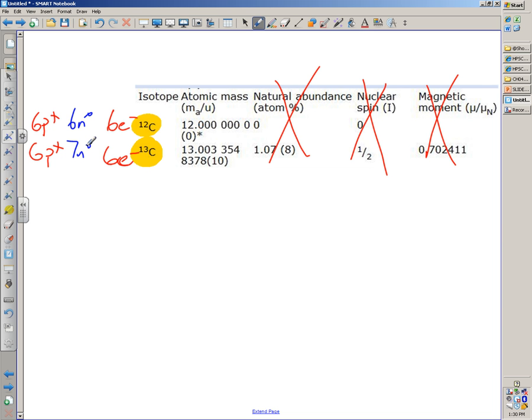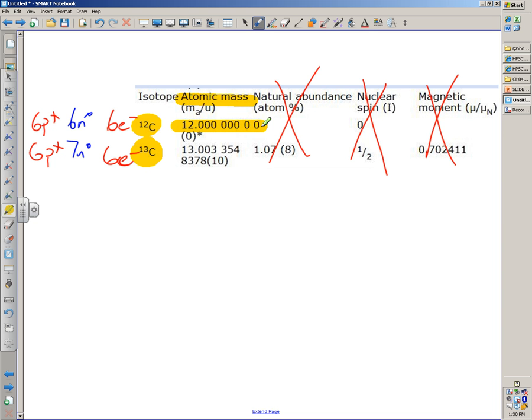Alright, now let's talk about this atomic mass column. We said that for atomic mass, we assigned the carbon-12 isotope this value of exactly 12. Where does most of the mass of an atom come from? The nucleus, and so what's in the nucleus, Matt? The neutrons and protons. So what did we do going from carbon-12 to carbon-13?